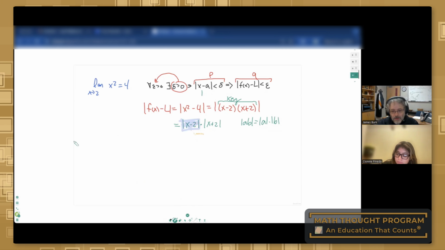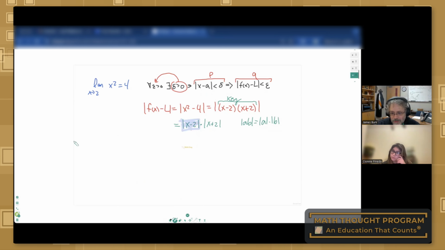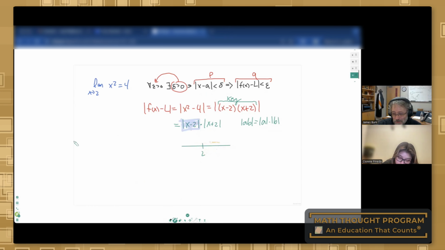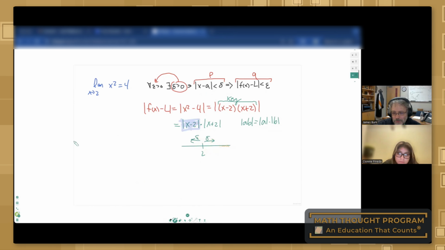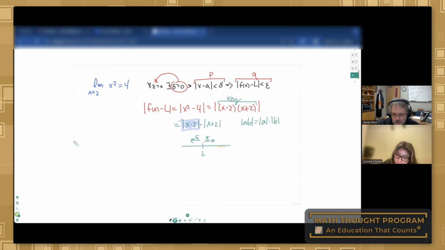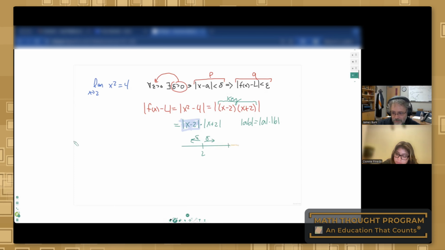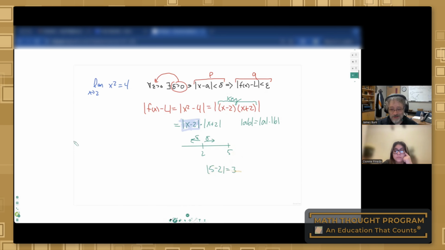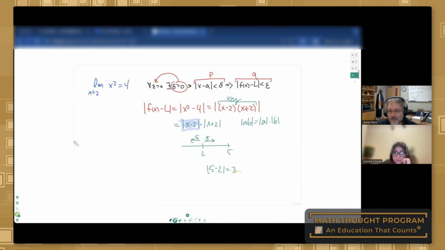Now, once again, we are looking at some kind of open ball, some kind of interval. Going at 2, we might go in this direction, some kind of delta. Now, as I get closer and closer to 2, maybe I'm at a value of 5 to begin with. If I say 5 minus 2, that's going to get me a measurement of 3. I'm 3 units away.